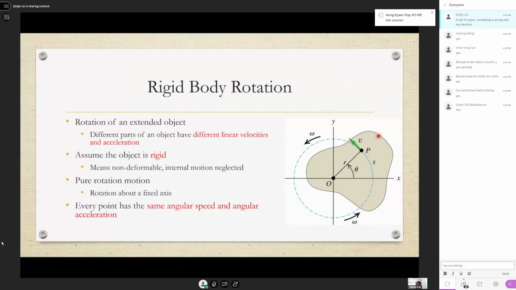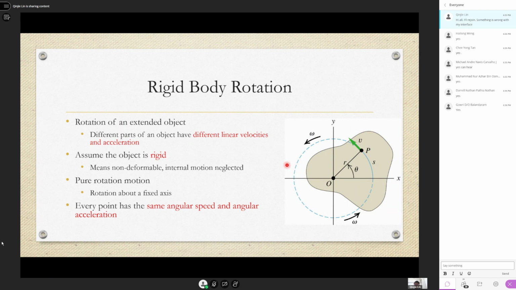For example, this outer point will be moving much faster than some point that is near the center of rotation. The point near the center may be going slowly, but the one outside, to keep up with the rotation, will be going super fast.